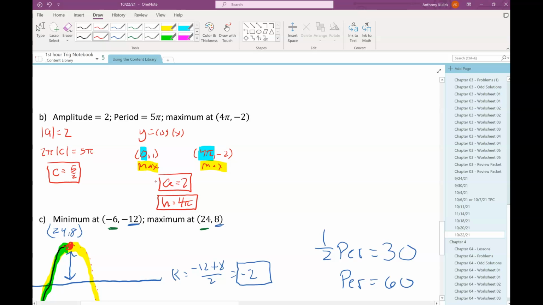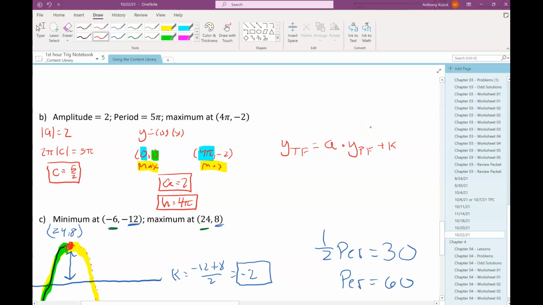And now here's the tricky part, which is going to be finding k. Notice here that the y-coordinate for my parent function is not 0. So the k is not simply going to be the y-coordinate for my transform point. Instead, what I want to think about is the y for my transform function. The way I get that point is I take a and multiply it by the y for my parent function, and add k, right?